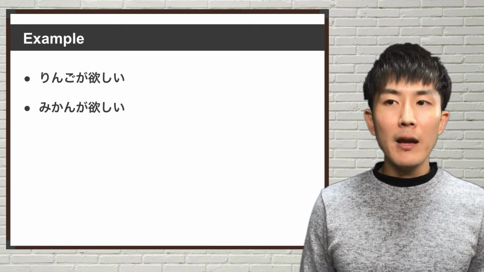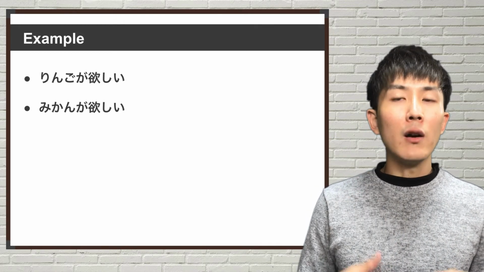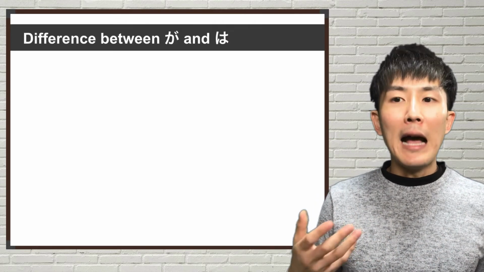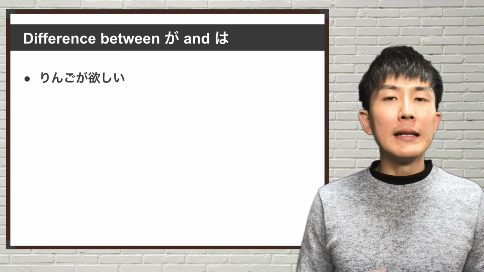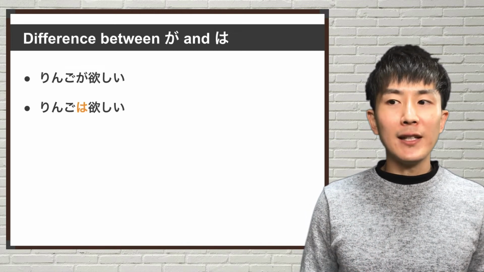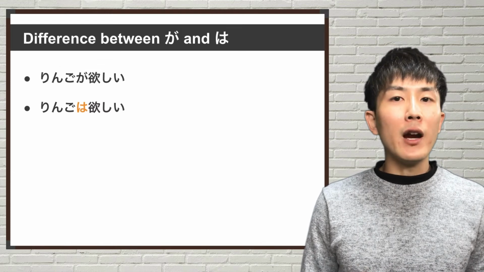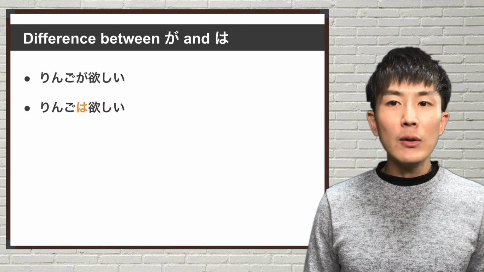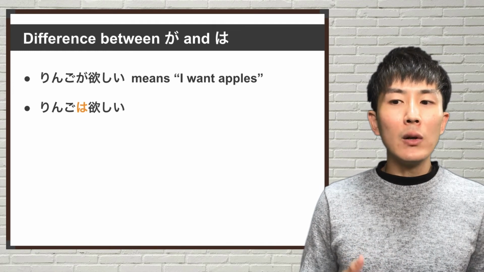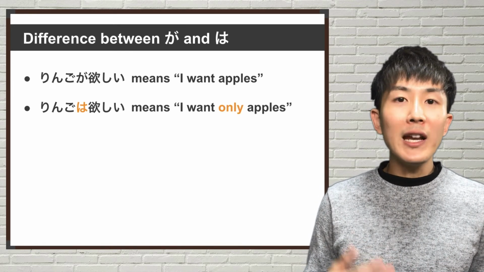However, there is one thing you might be confused about: the difference between が and は. Actually, リンゴが欲しい and リンゴは欲しい, both of the sentences are correct, but they have different meanings. リンゴが欲しい means I want apples. Meanwhile, リンゴは欲しい means I want only apples.